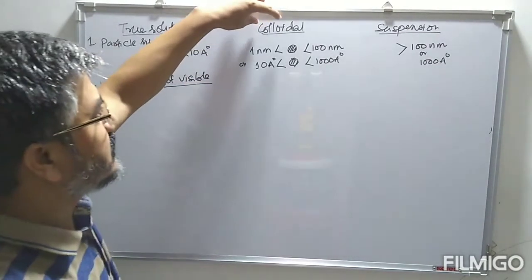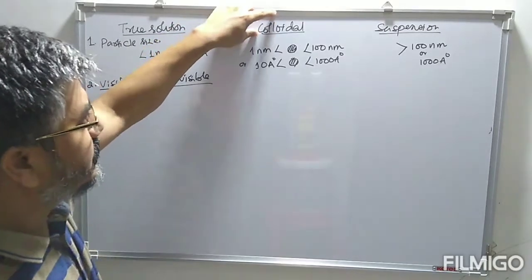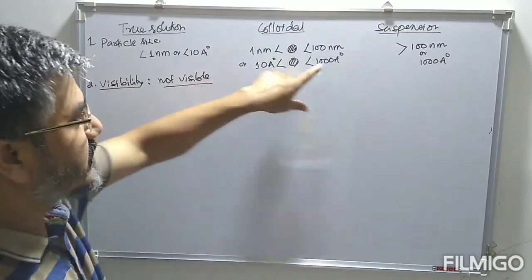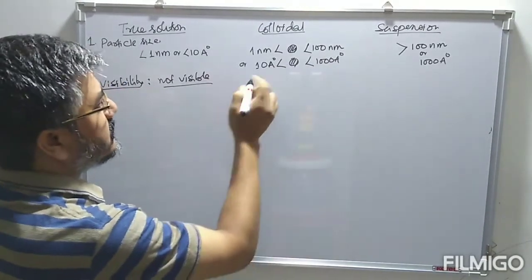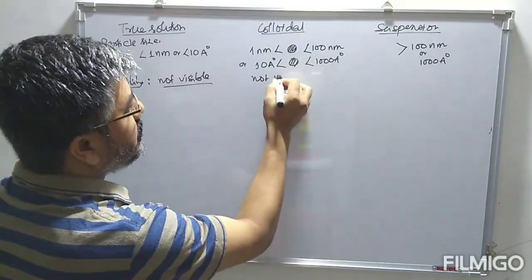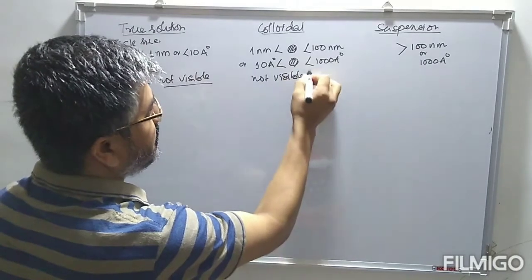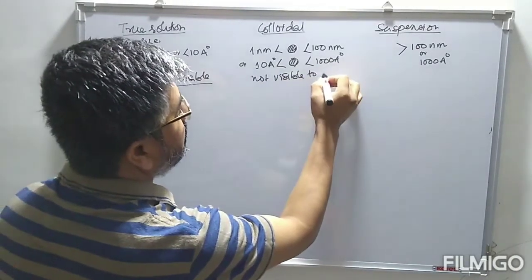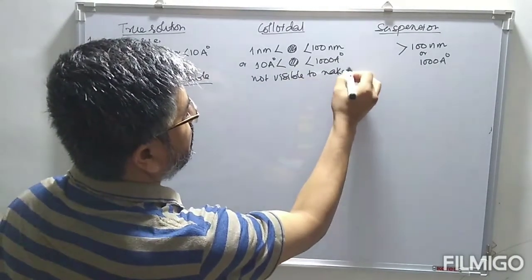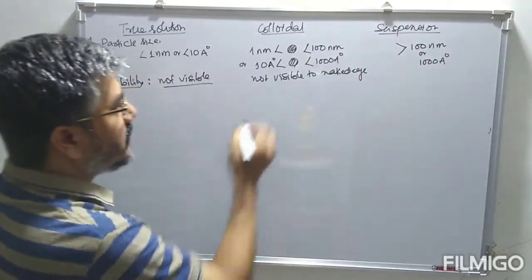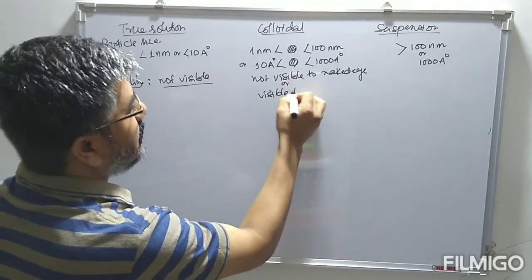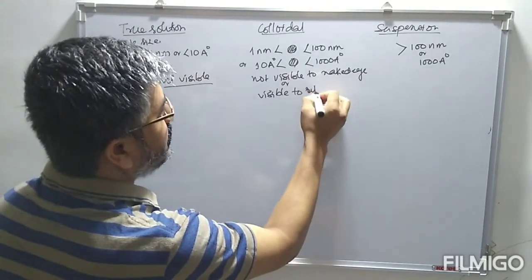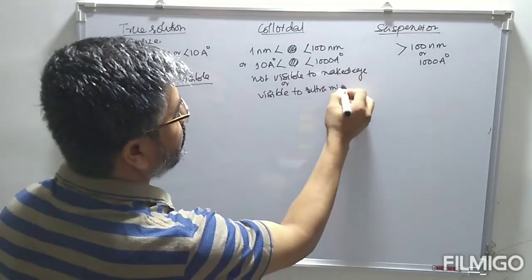Whereas the colloidal particle, being greater than 1 nanometer but less than 1000 angstrom, is not visible to naked eyes but is visible to an ultramicroscope.